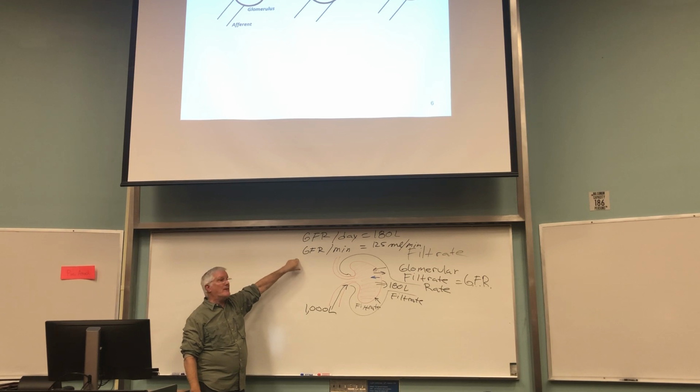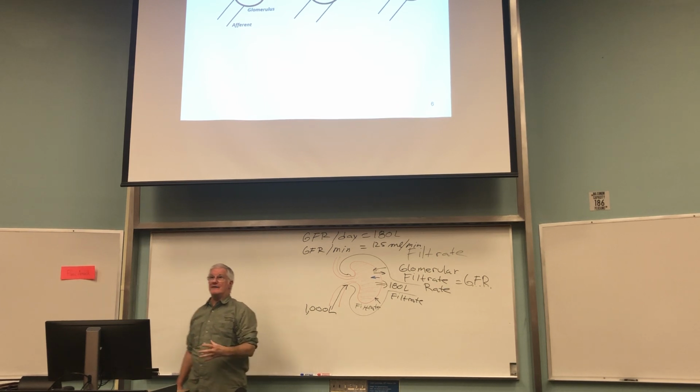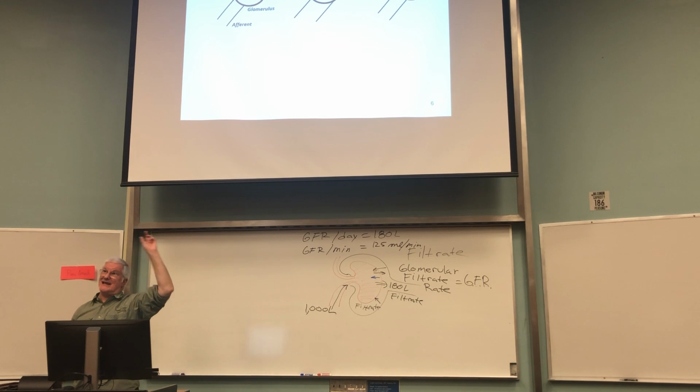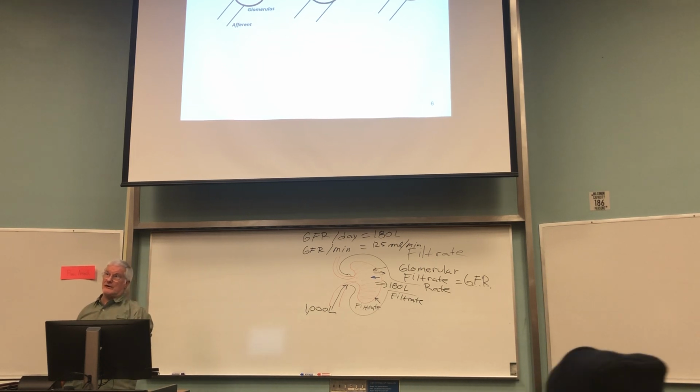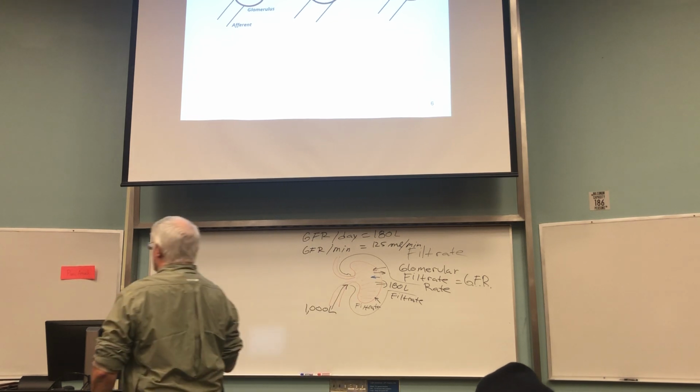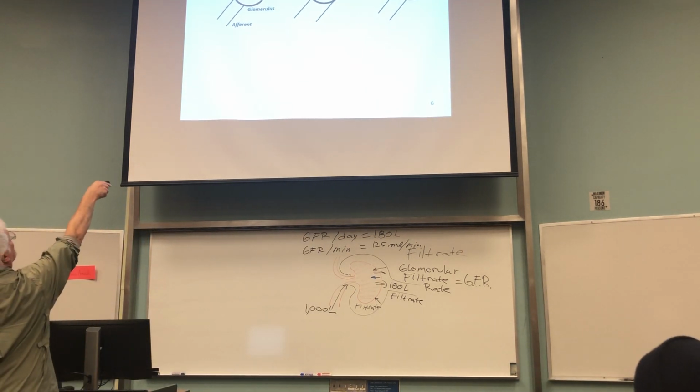I don't want that. I want to maintain 125 milliliters per minute. I want a nice normal GFR of 125. This is to show us how we can make adjustments in case I get changes in my blood pressure or my glomerular filtration rate.